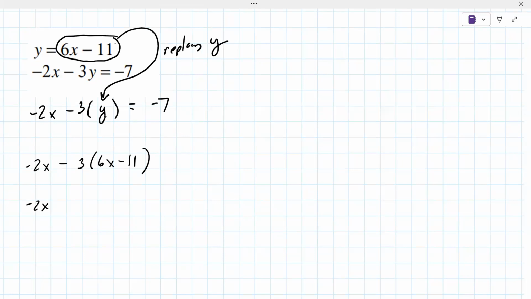Y is gone. It vanished. So now you have to distribute like we did in the previous problem. You multiply both by the -3. So tell me what that becomes.